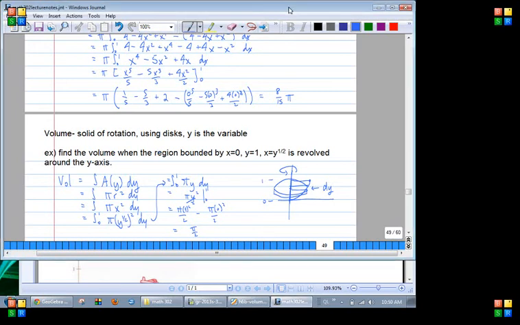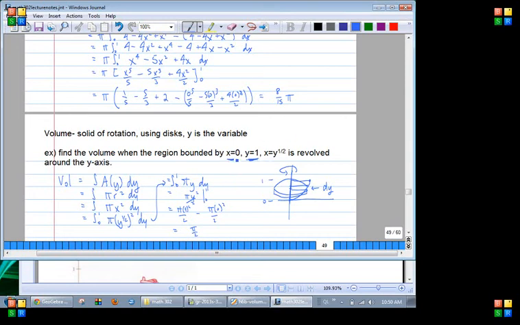So the boundaries in this case were moderately evident, but you're right. Sometimes you're going to need to actually figure it out. So how do you figure out boundaries? Well, it says, let's see. It says the region bounded by y equals 1. So that gives you one boundary. And then the other boundary happens at x equals 0.